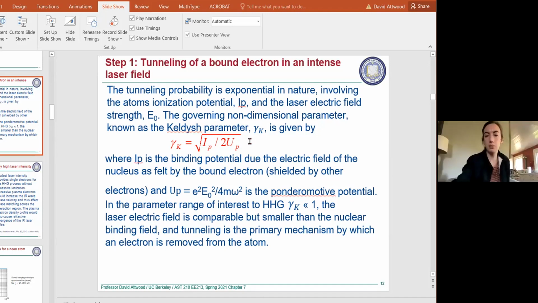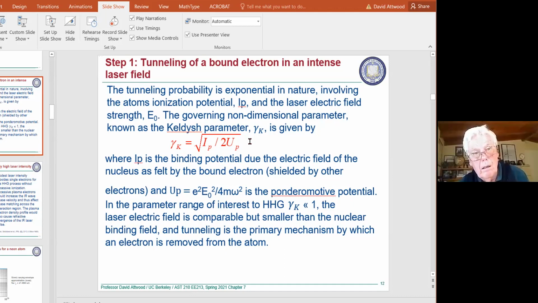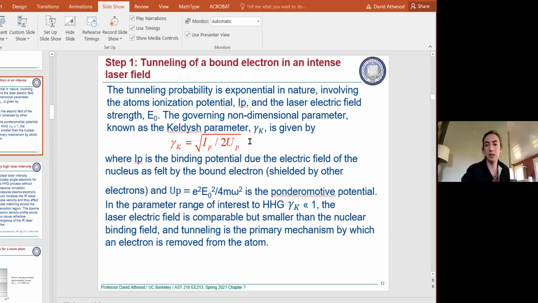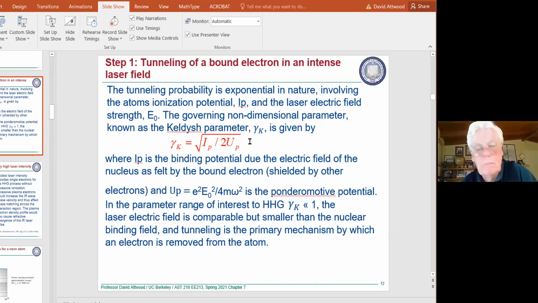But didn't you say we want that gamma to be significantly less than 1? Yeah. So isn't that compatible with tunneling happening when that I is smaller? Well, Lorena, that's a good point. We can't have tunneling if we don't have a strong potential.